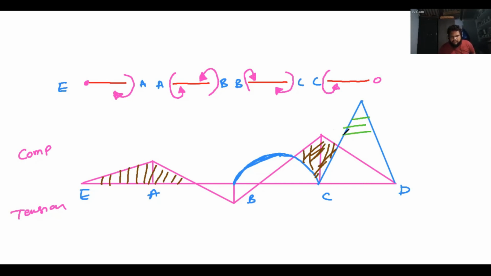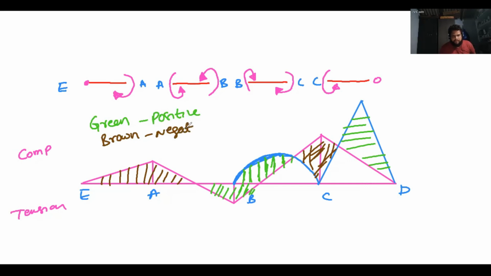So this complete thing is positive, this is also positive, and this area is also positive. So green is positive and brown is negative bending moment. So this is the story of the final bending moment diagram.